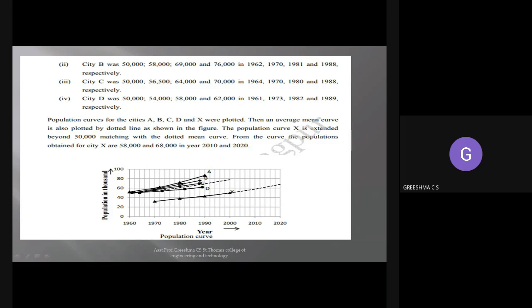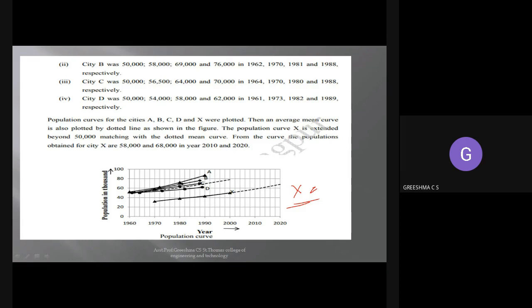Now I have to find out the population for a city X. Comparing all these graphs, with all the available information and the already plotted graphs, these cities A, B, C, D are cities similar to city X. The similar cities are already plotted here.